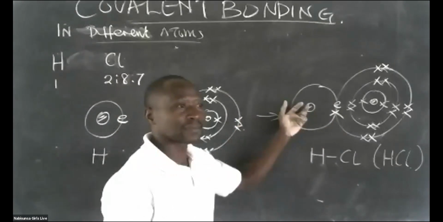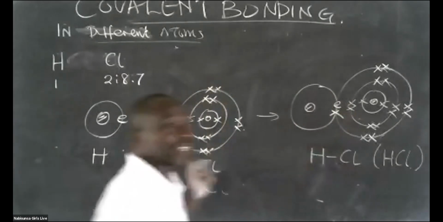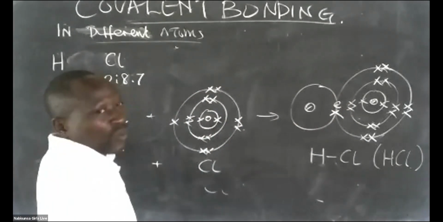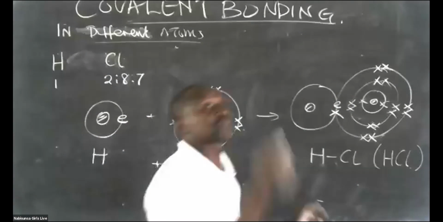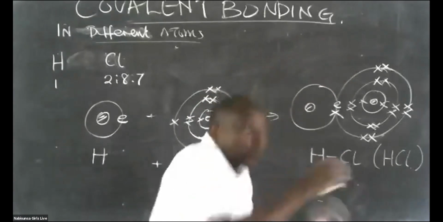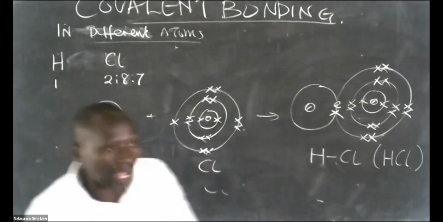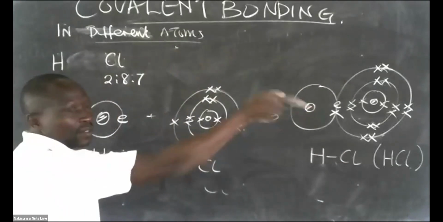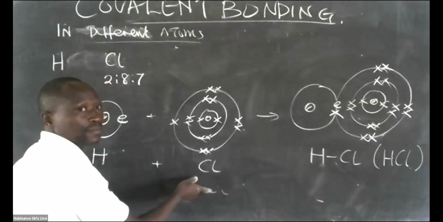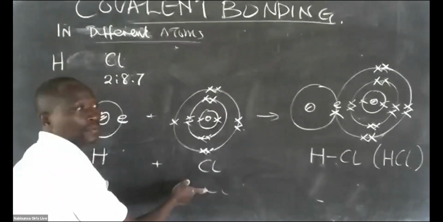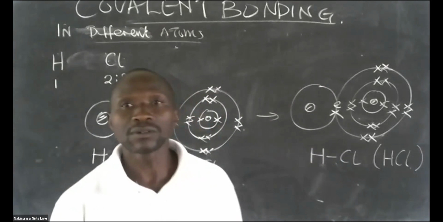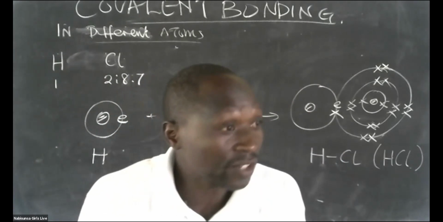And the same as chlorine. But this is between a senior 2 West student and a senior 1 West student and maybe a senior 1 North. The other time was West alone, East alone, South alone. Now it is interclass between West and other classes. So the atoms are different. Single covalent bond. So we shall continue with our lesson from that point.